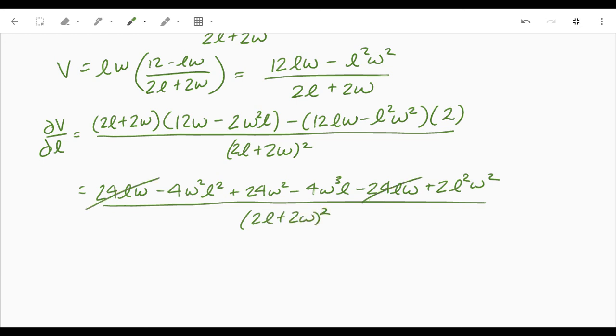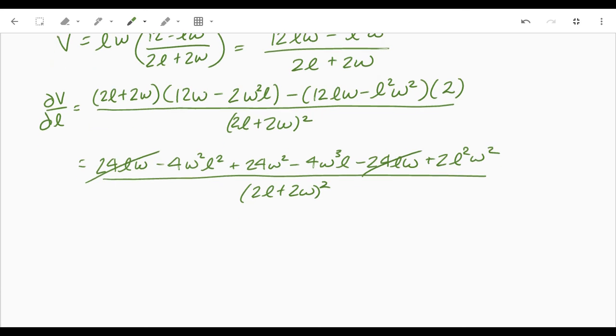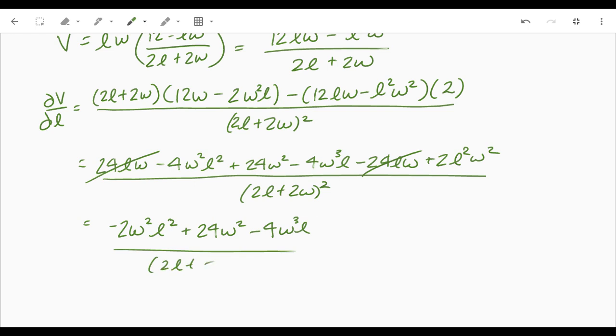So we got some that cancel out here. So we'd have negative 4W squared L squared plus 2W squared, so negative 2W squared L squared plus 24W squared minus 4W cubed L. You can factor out a 2W squared.